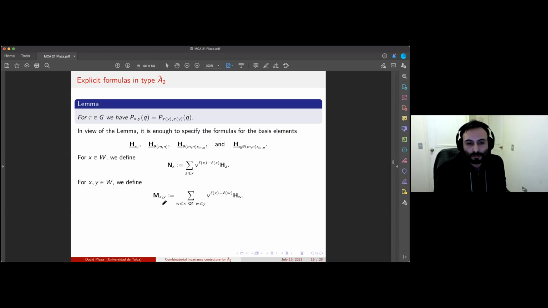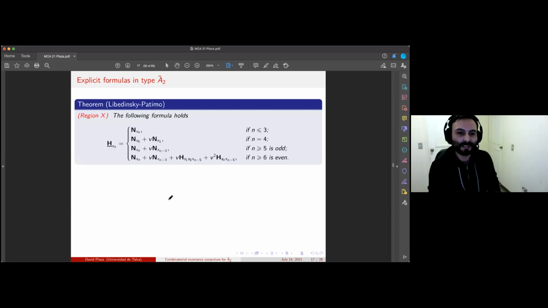And the definition of m is similar, but in this case, we consider 2 elements x, y in W, and rather than sum over 1 lower interval, we sum over a union of 2 lower intervals, the ones associated to x and y. And okay, finally, we can present the formulas by Libedinsky and Patimo.